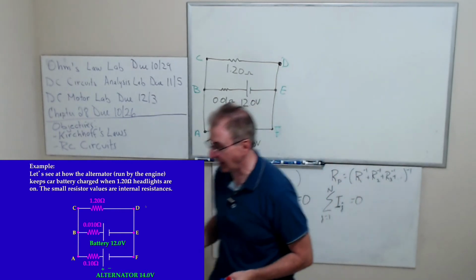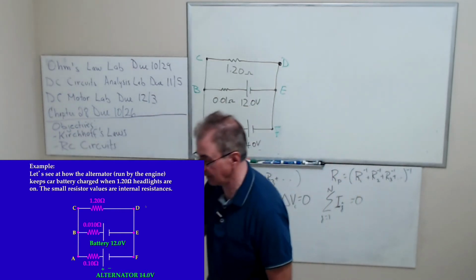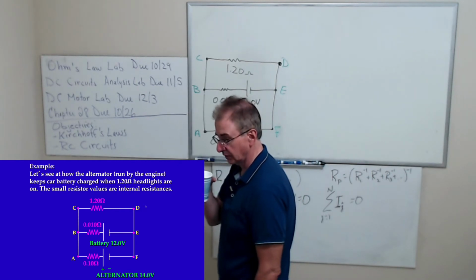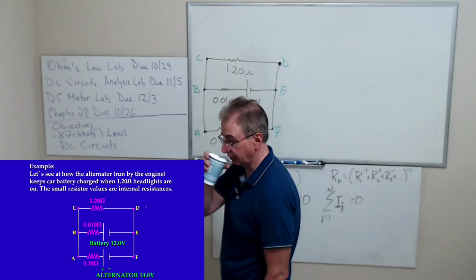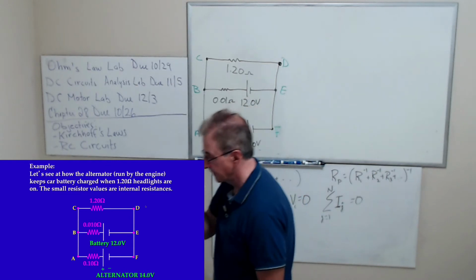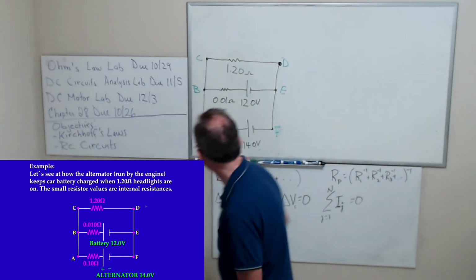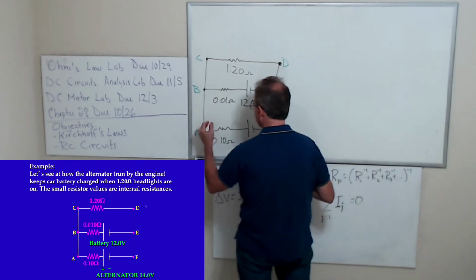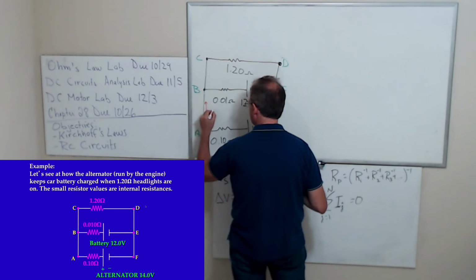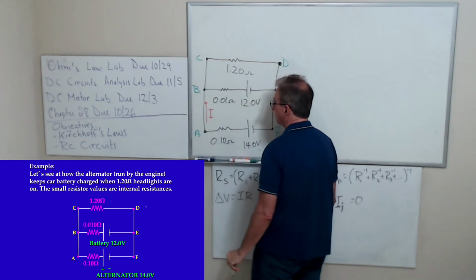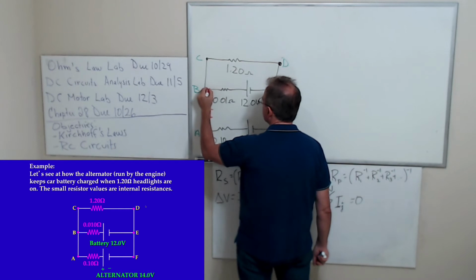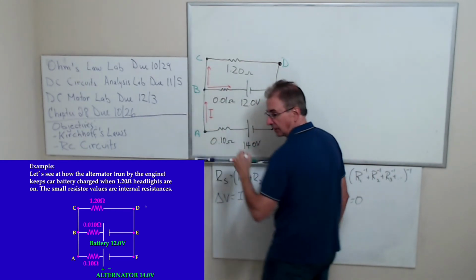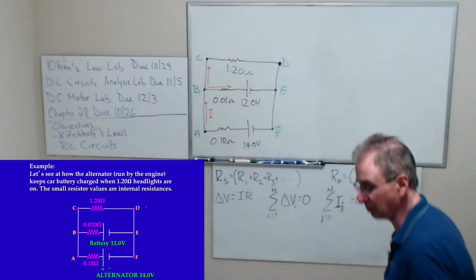But before I do that, I want to designate my currents. I'm going to apply Kirchhoff's current law right away. I'm going to start here and say the current here is I. It splits into two parts over here and over here, and I want to be consistent with my labeling in the PowerPoint notes.